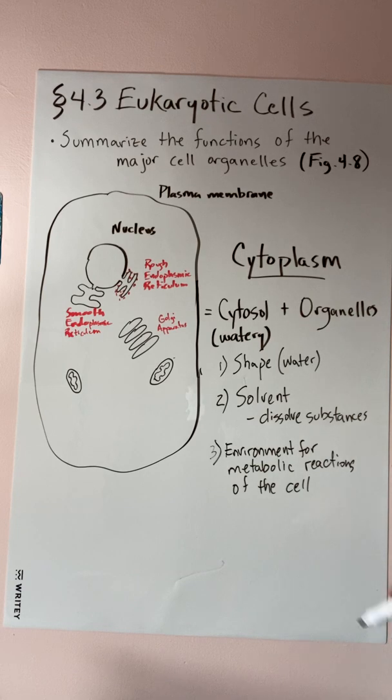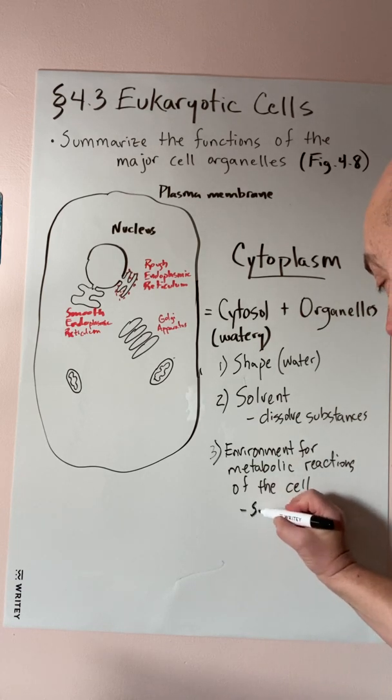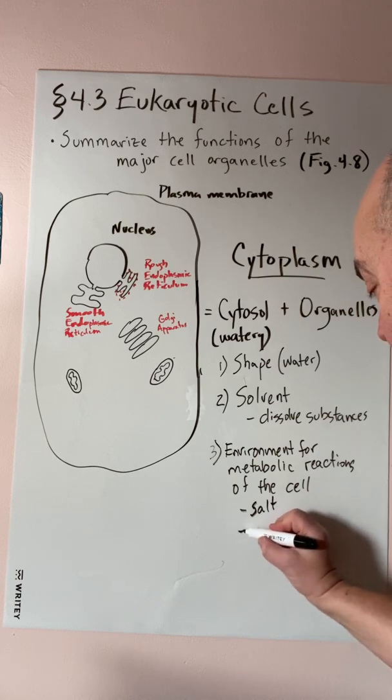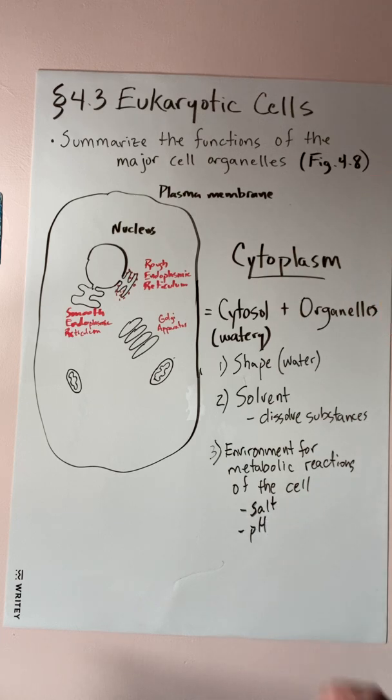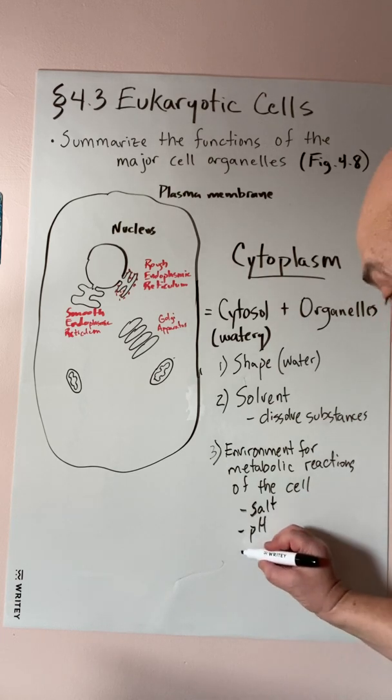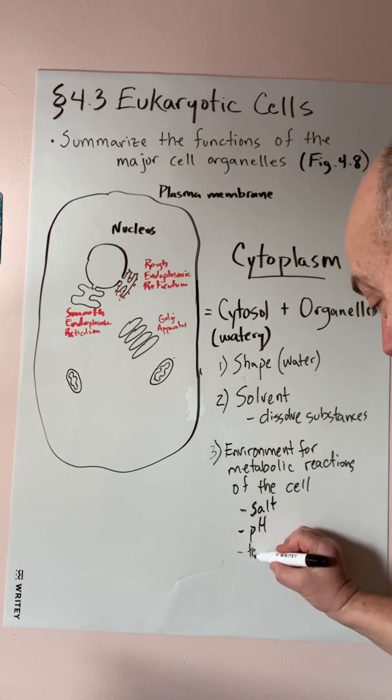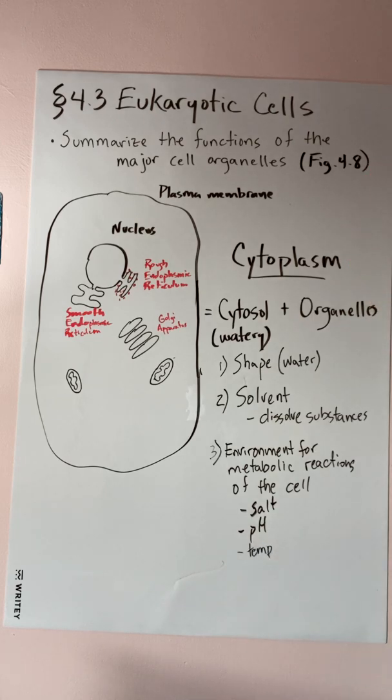So this is going to give it the appropriate salt content, the appropriate pH. Water is also a good insulator. So this will help us to make sure we keep the appropriate temperature for all of these metabolic reactions.